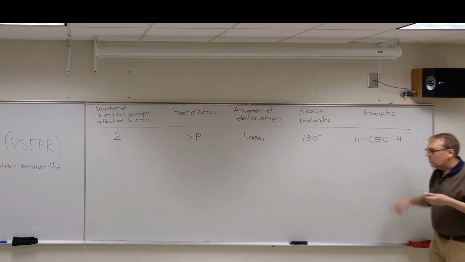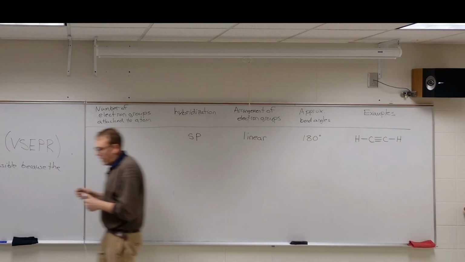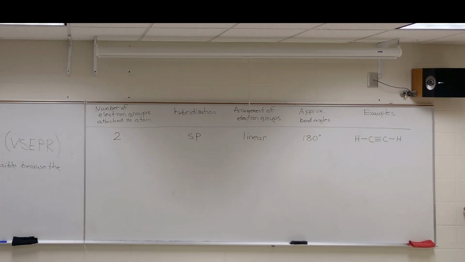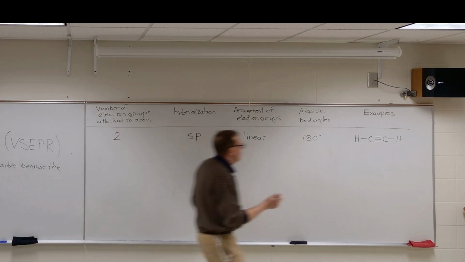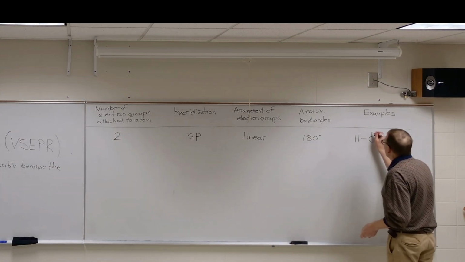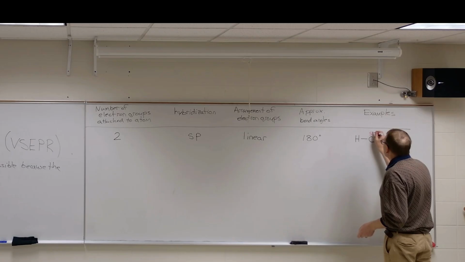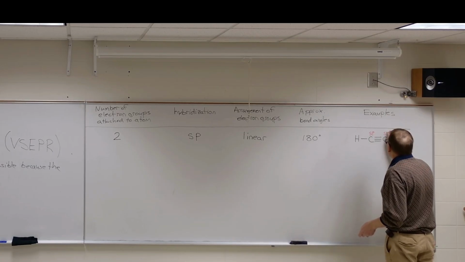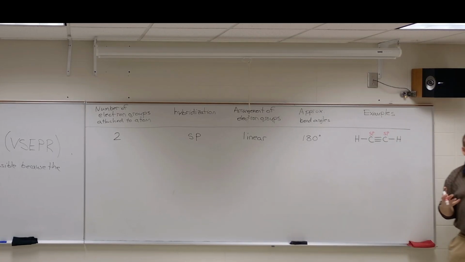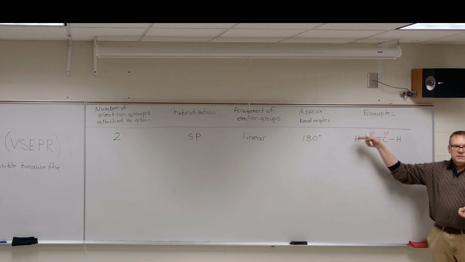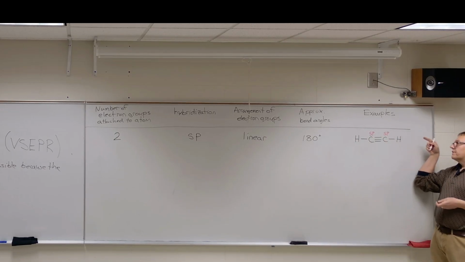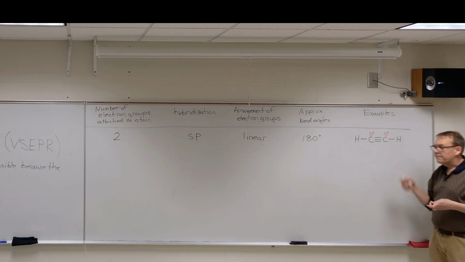So each of these carbons is sp hybridized. And I will put a little sp next to each of these carbons to indicate that's a way we can classify them. The molecule is linear. In other words, it forms like a perfect line down the middle of it.